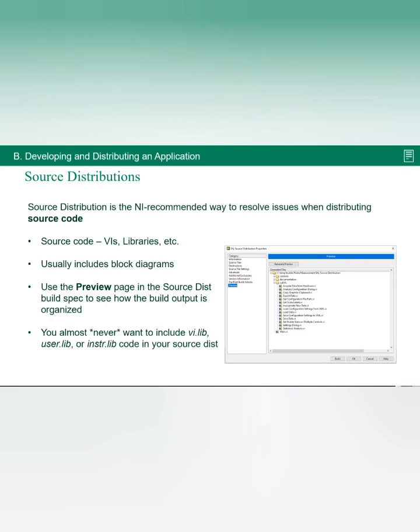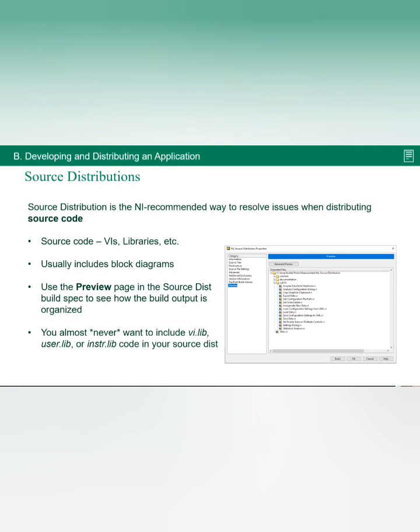If you start including LabVIEW core files, like files from VI-lib, in your source dist, then when they go try to open it, they're almost certainly going to have cross-link issues between the VI-lib VIs that were included in your source dist and the VI-lib VIs that are already part of their LabVIEW. So unless you have some really strange corner use case, you almost never want to include those files.